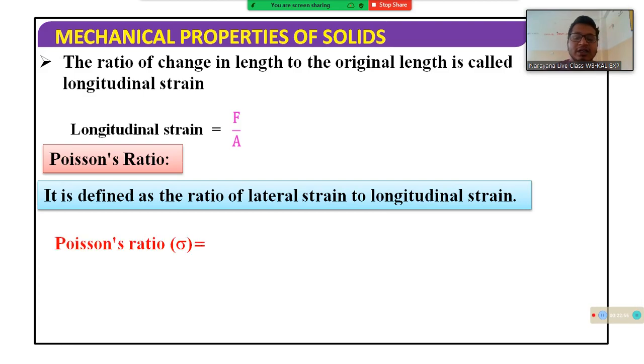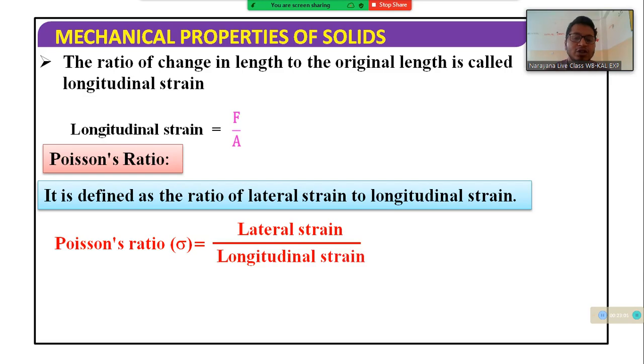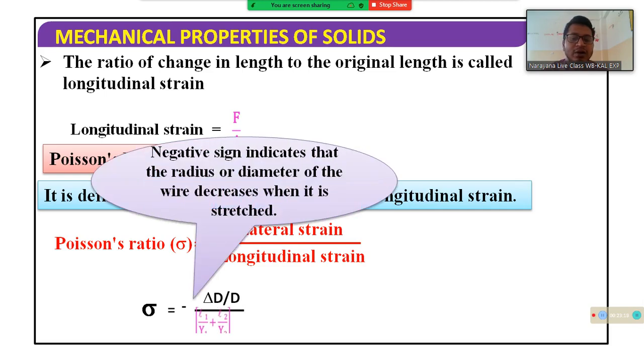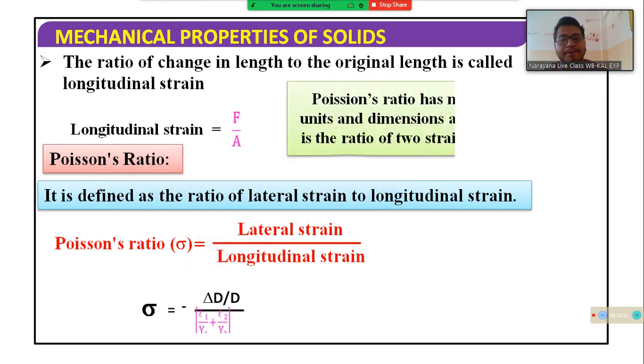This is defined as sigma equals lateral strain by longitudinal strain. The mathematical formula is delta d by d, the change of diameter by the original diameter, divided by the change of length delta L by L. The negative sign indicates that the radius or diameter of the wire decreases when it is stressed. The Poisson ratio has no unit and no dimension, as it is the ratio of two strains.